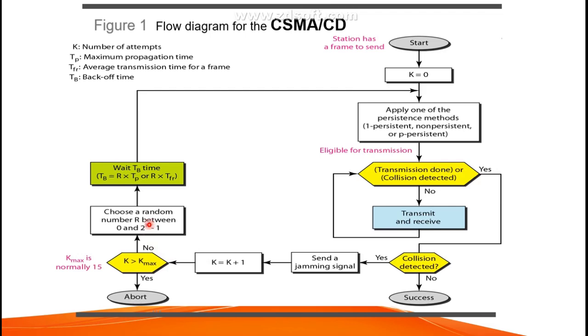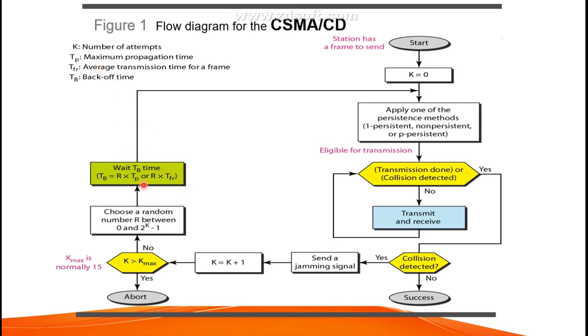After choosing this random number, we have to wait. That station needs to wait for a random amount of time, denoted by TB, which is called the back-off time. This back-off time is calculated by multiplying this random number with your propagation time or your frame transmission time.